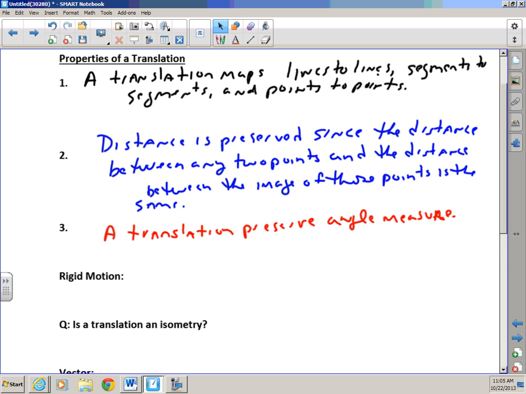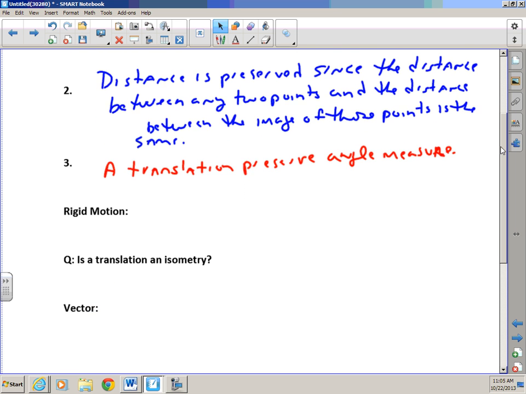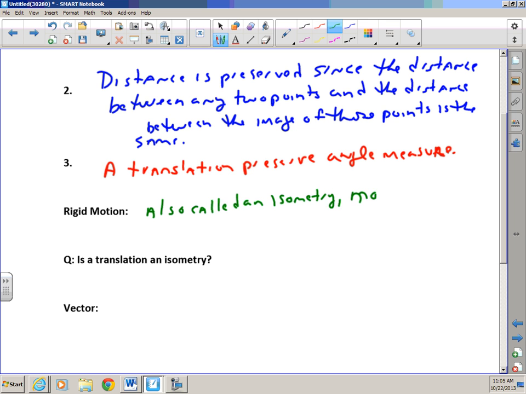Okay? Rigid motion. Well, if you think of what the word rigid means, kind of like stiff, frozen, rigid motion, which is also called an isometry, fancy math word, moves the points in a rigid or stiff fashion.